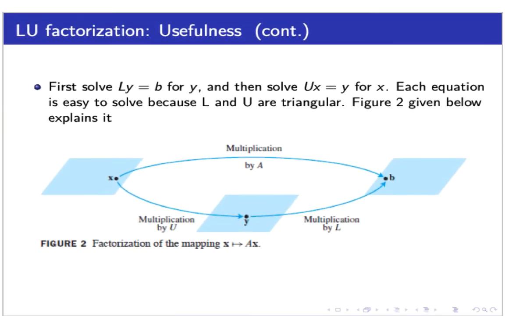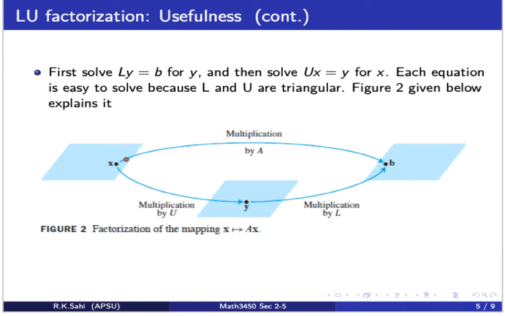The figure given below will help you with that. Suppose we have a matrix A. By multiplication, we get this matrix B. Remember, this is AX equals B. Now, this A can be any matrix, but if you break it down as a product of two triangular matrices, it makes life simpler. Because remember what we just said, A is L times U. So L times UX equals B. Now, we take Ux as y.